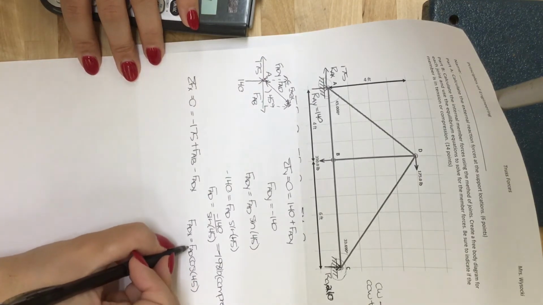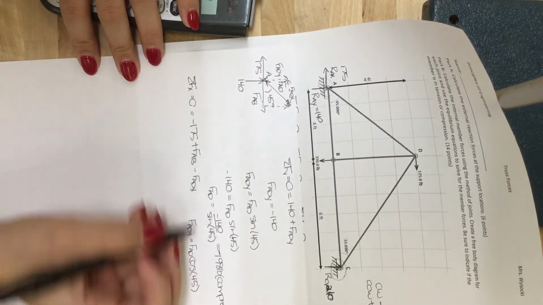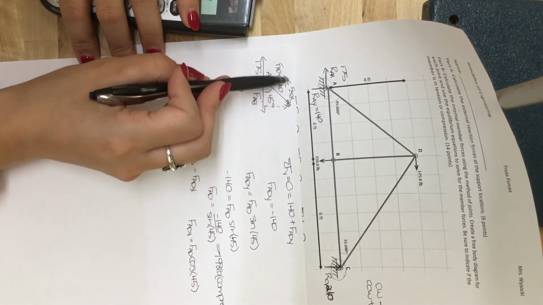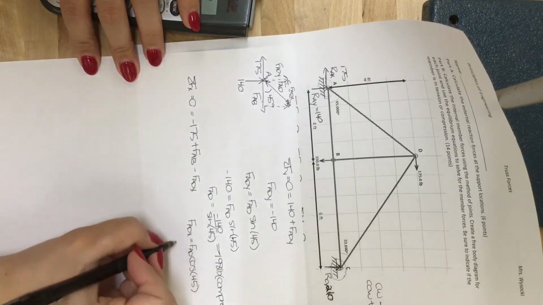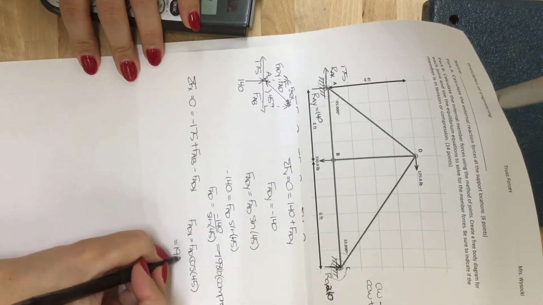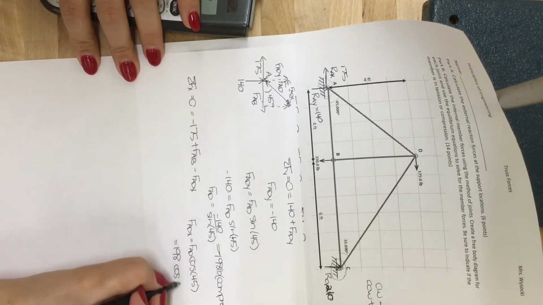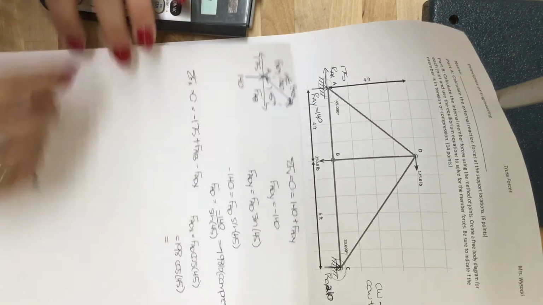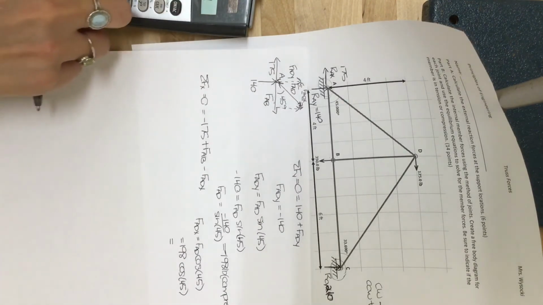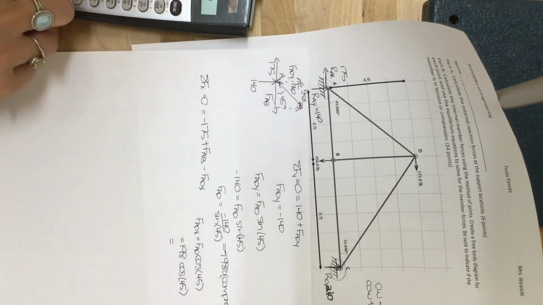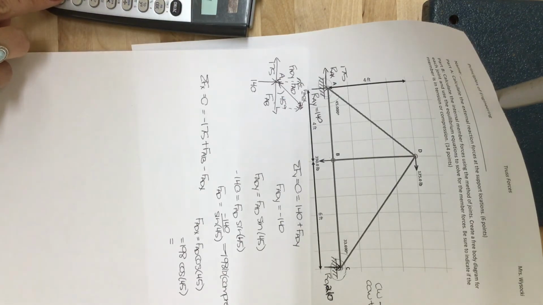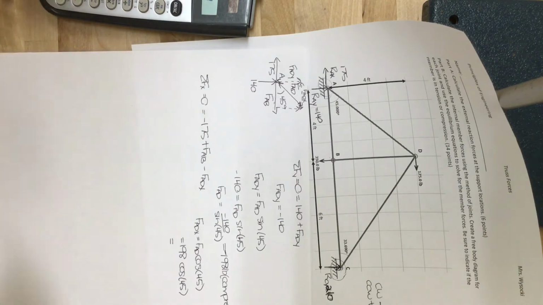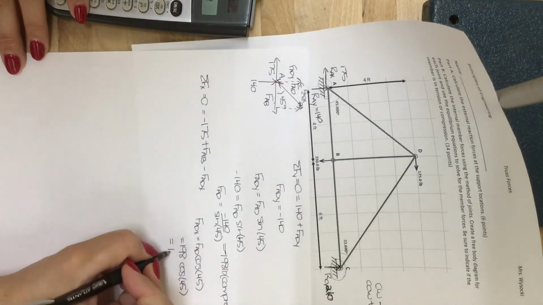We know that the magnitude of FAD is 198. I'm not going to use the negative there because I'm accounting for the negative by the direction of the arrow here. So we're going to say 198 times the cosine of 45, and FADX equals 140.